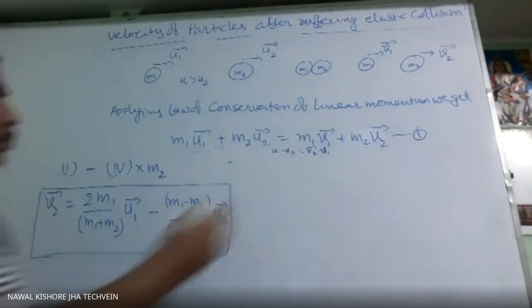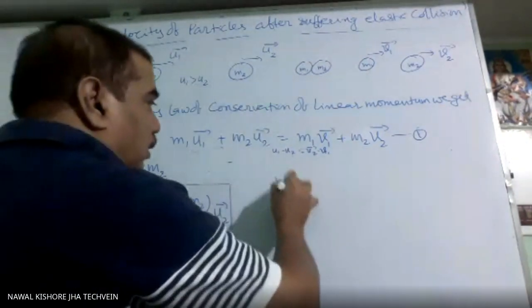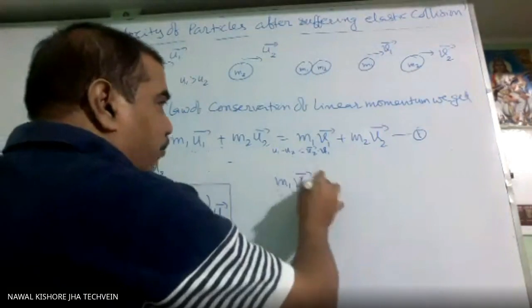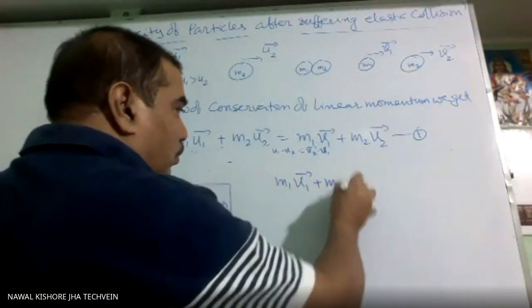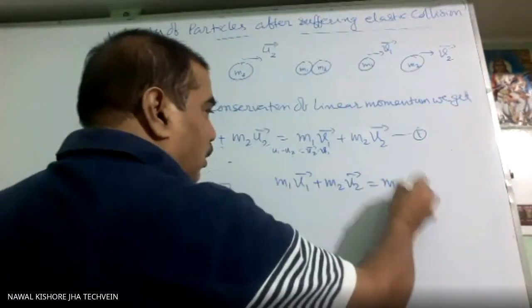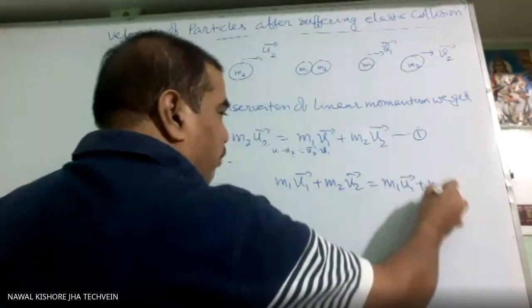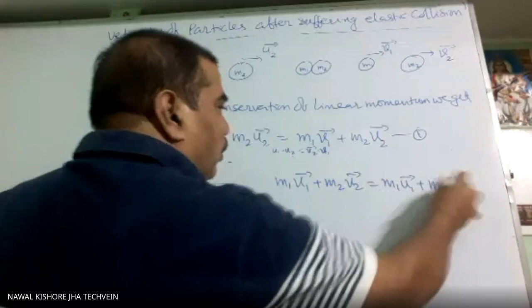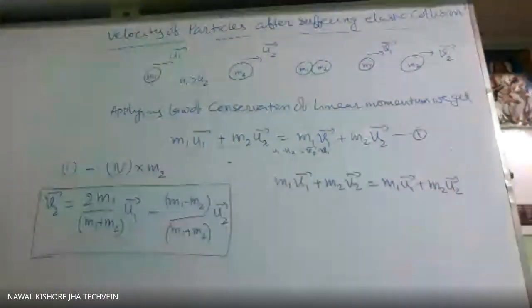So equation 1 is M1 V1 plus M2 V2 equal to M1 U1 plus M2 U2. You can write this side also, no problem.